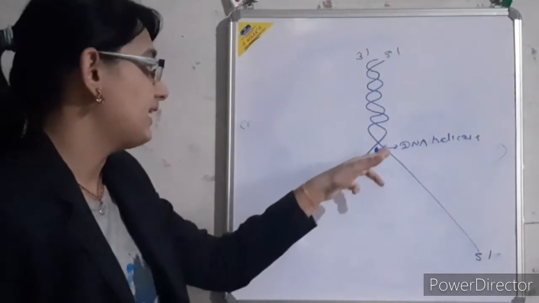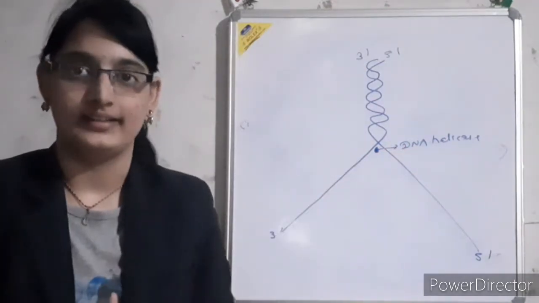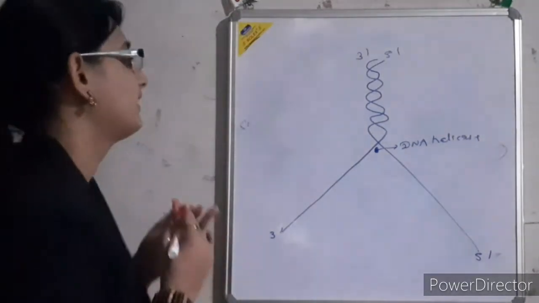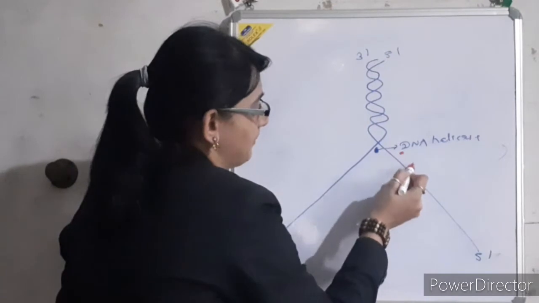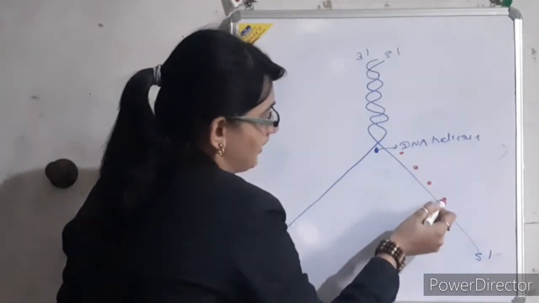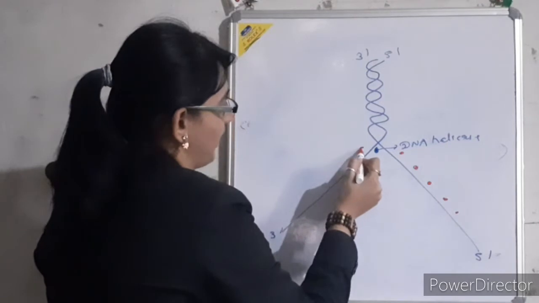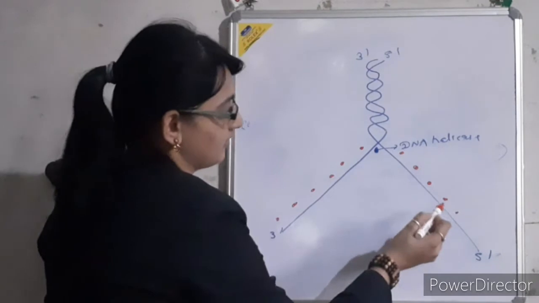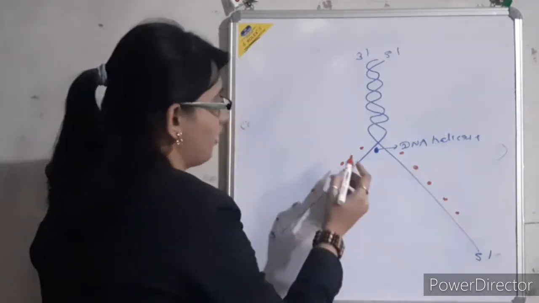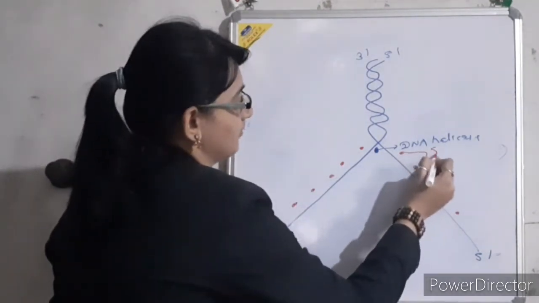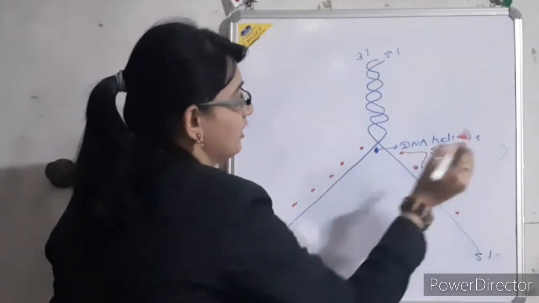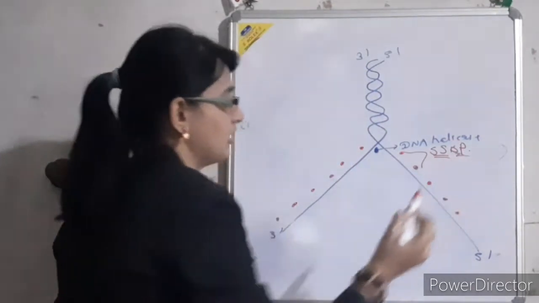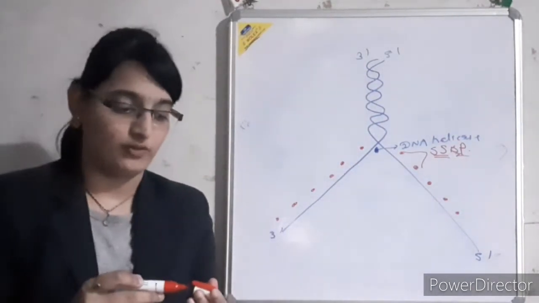This separation is strictly maintained by the SSBP proteins. The SSBP proteins are added on the respective strands, and the function of SSBP is to keep these strands separate from each other. SSBP means single stranded binding protein. It keeps the strand as a single stranded structure, and it is a binding protein.